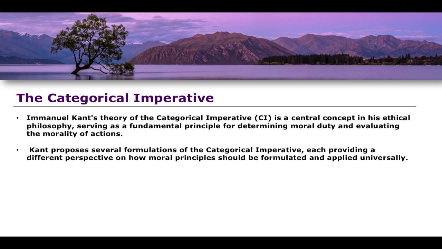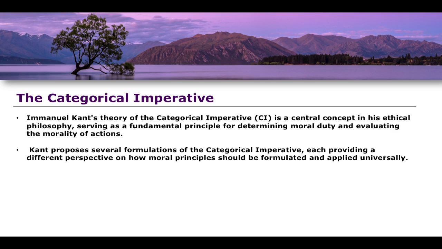So, as a result of this, the categorical imperative is actually a very central and fundamental principle. For him, it is a principle for determining moral duty and the morality of actions. Now, the categorical imperative is fundamentally just a collection of formulations, sometimes known as maxims.